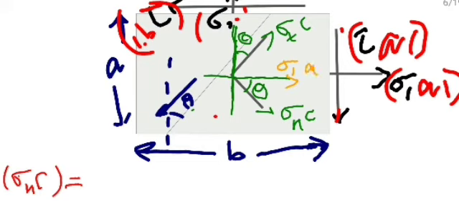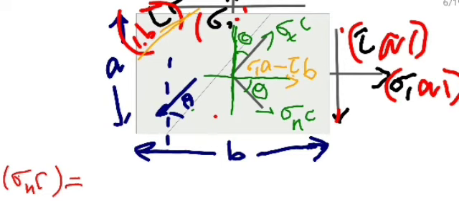Then this tau also, sigma 1 times a, and here we have tau times b. So it is in the opposite direction, so minus tau times b.